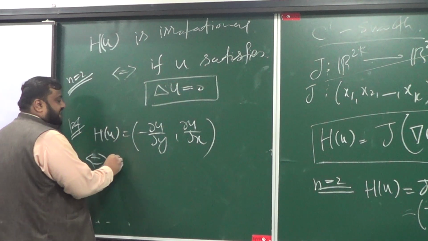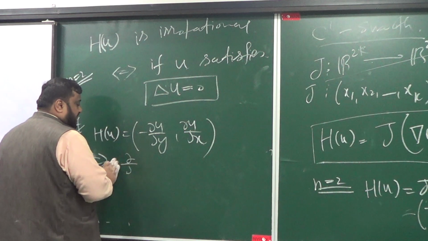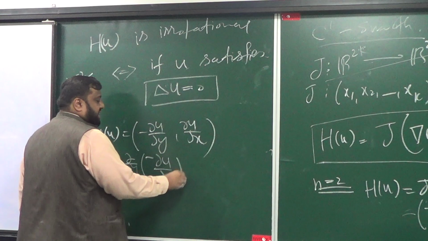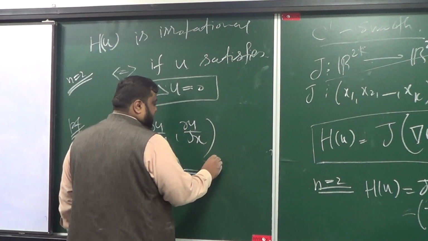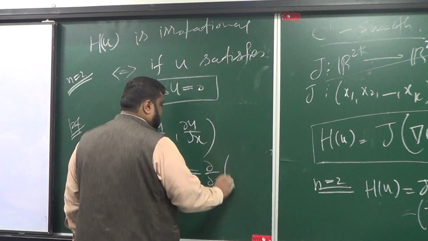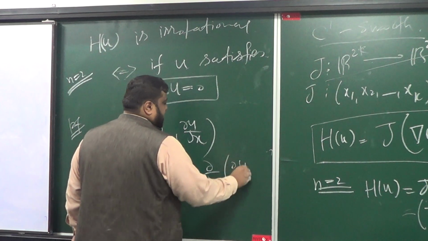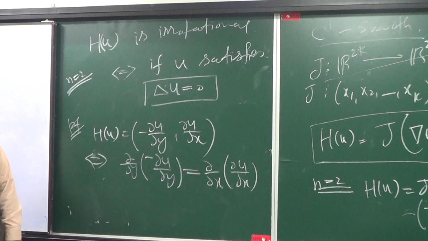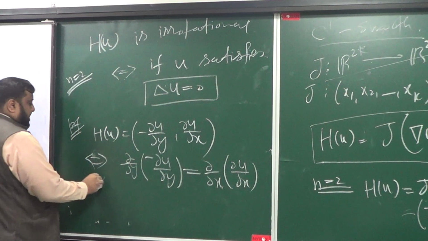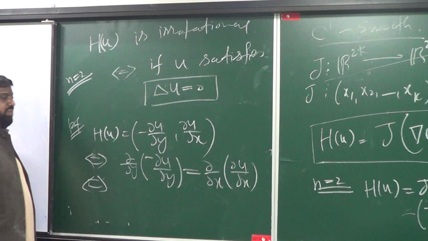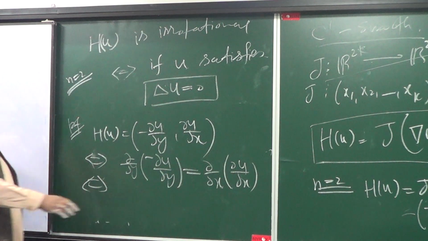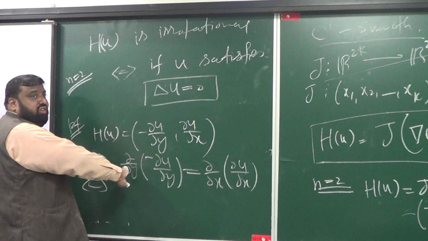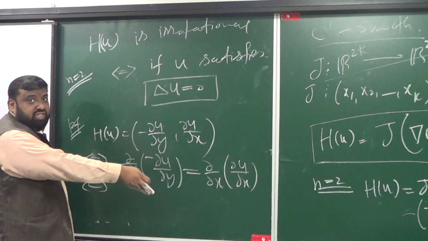ठीक है. You're going to say the partial derivative with respect to y of the first component is equal to the partial derivative with respect to x of the second component. है क्या नहीं? ठीक है. So what does this mean? You're going to have the second order partial derivative with respect to y, and you have a negative sign of it, take it to another side.